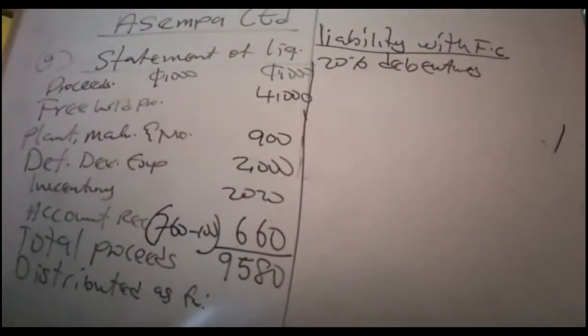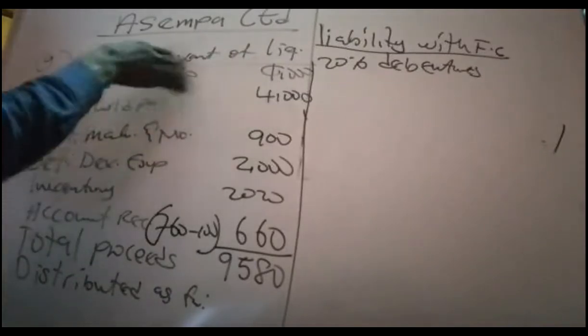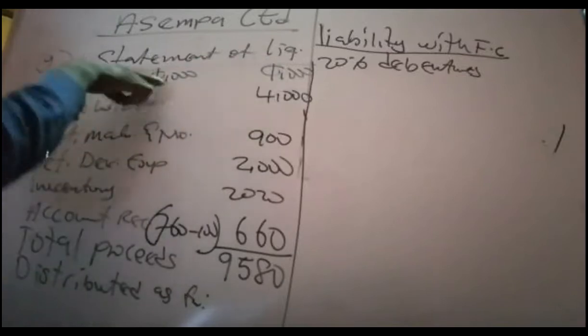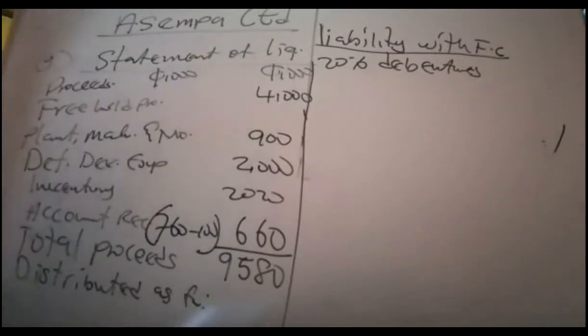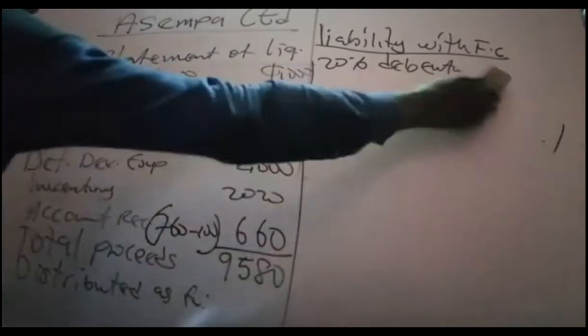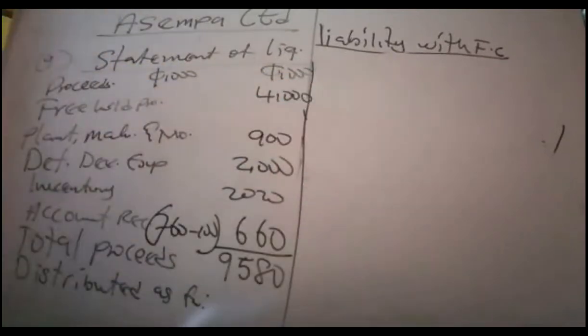Now take note. There are two columns, so that figure we have to write at the first column. The board is too small, so write small.